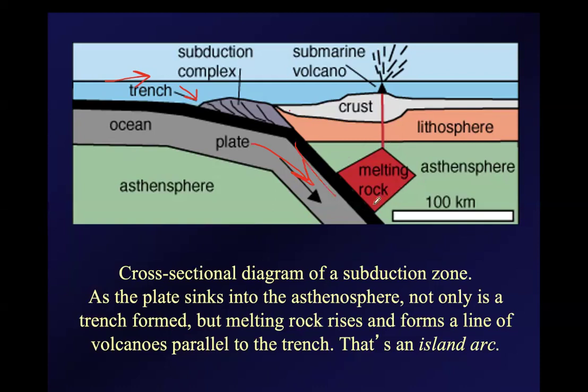You get this big blob of liquid rock, and that rock rises to the surface, and you get a chain of volcanoes that's always parallel to the subduction trench. And that's what an island arc looks like.